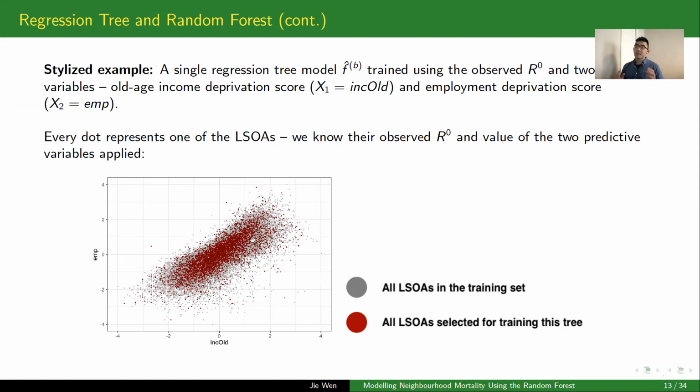As I mentioned earlier, for every regression tree within the random forest model, we only use a randomly selected subset of the RSOs rather than all of the RSOs in the training set. Those dots colored dark red are the RSOs randomly selected for training this particular regression tree.